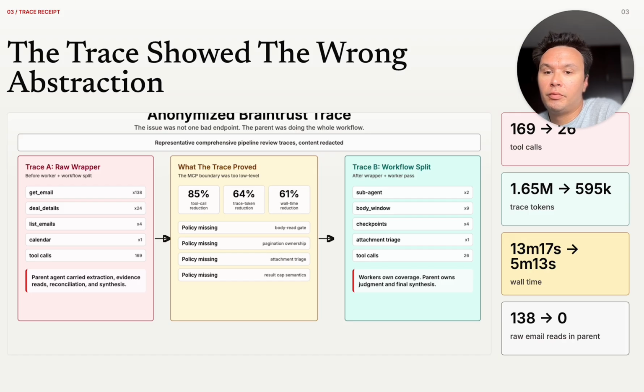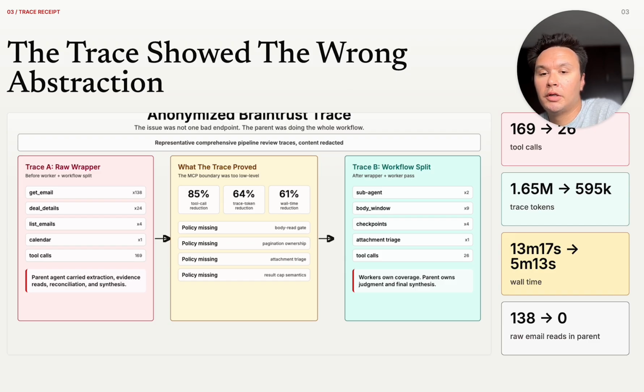This was one run of the morning pipeline review, which is a background test that we have in our agent. It looked like this: it made a ton of tool calls, it spent almost 2 million tokens, and it ran for almost 15 minutes.